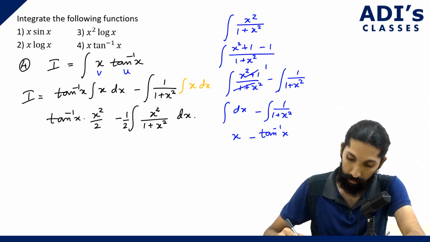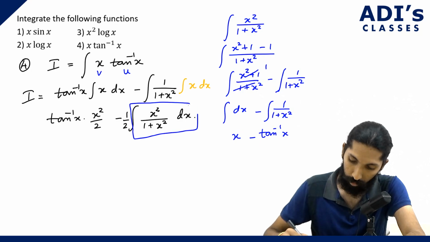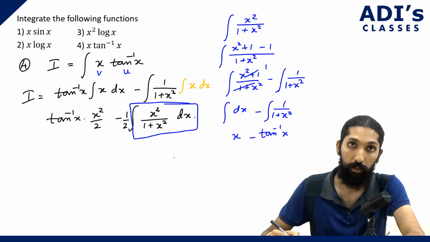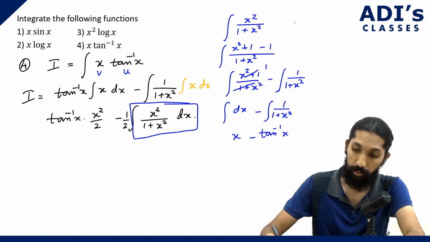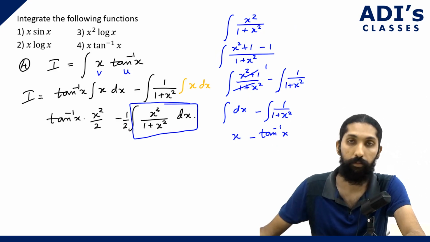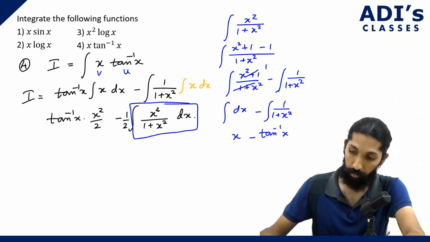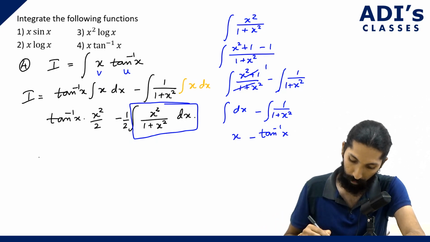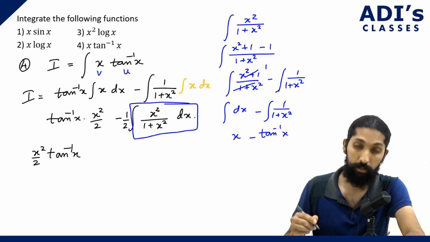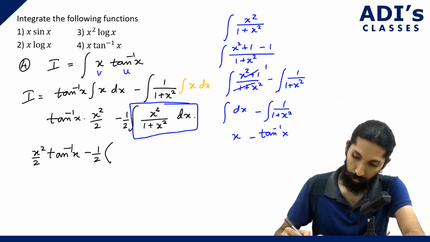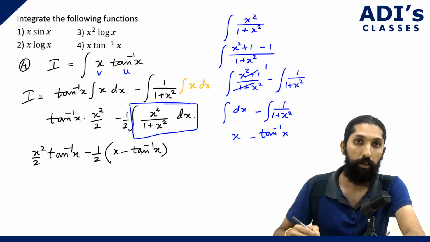So what did we get? This entire integral, what you're seeing now, is nothing but x minus tan inverse of x, correct? This part is nothing but this entire part, what we just did, right? So we'll substitute that. But now what we are going to get here is x square by 2 into tan inverse x, this is the first part, well and good, minus half into x minus tan inverse of x, right?